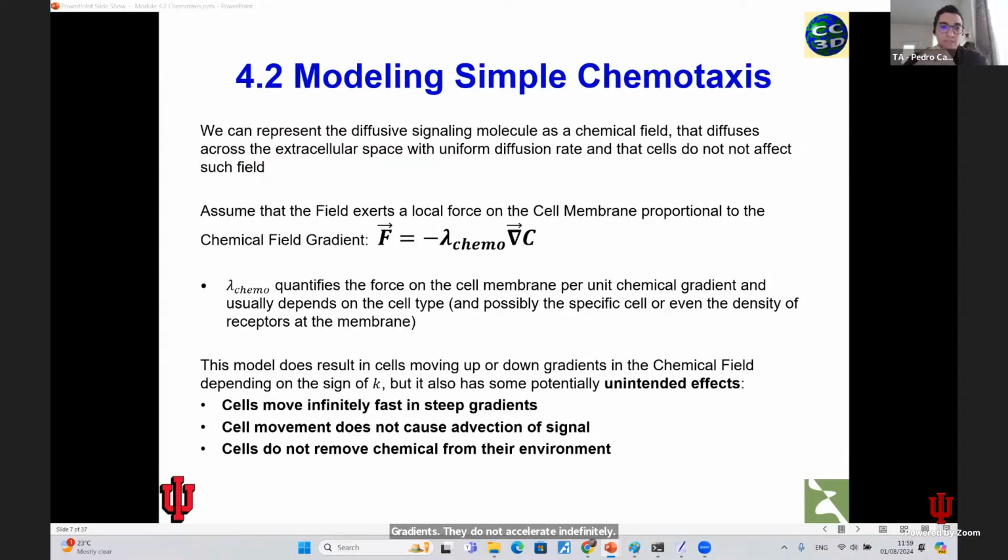Also, the cell movement will not cause advection of the signal. As cells move, they displace the molecules around them and can then cause feedback in the chemotaxis itself. And also, we are not considering that cells are removing the chemical from the environment. Any question here, or can I proceed? So far, so good?